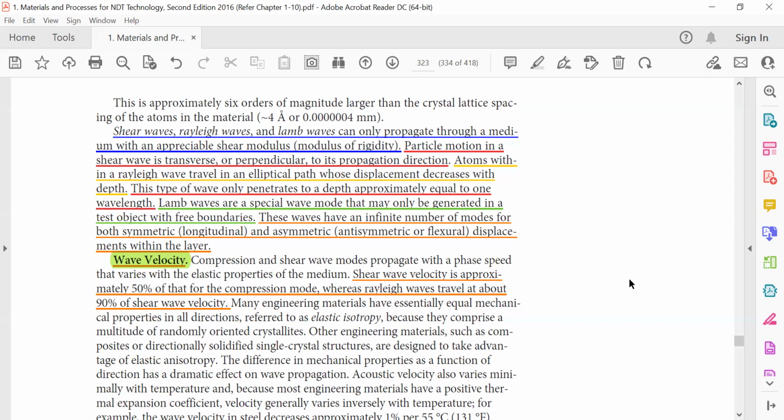Wave velocity. Compression and shear wave modes propagate with phase speed that varies with elastic properties of the medium. Shear wave velocity is approximately 50% of that of compression mode, whereas Rayleigh waves travel about 90% of the shear wave velocity.